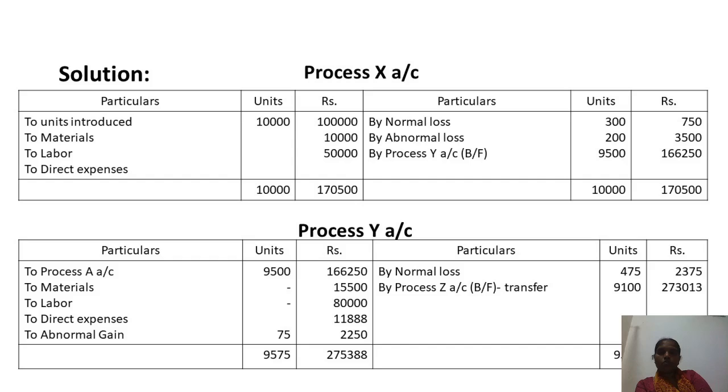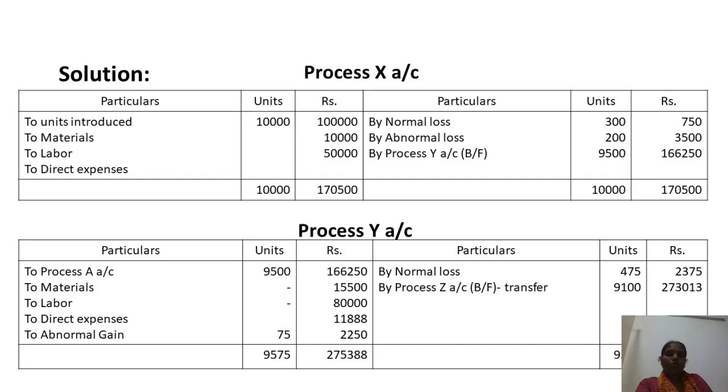So here in the total we have units 10,000, and on the debit side as well as the credit side, units will be the same. Now we have to write the total. We get the total on the debit side as 1,70,500, so on both sides we get 1,70,500.